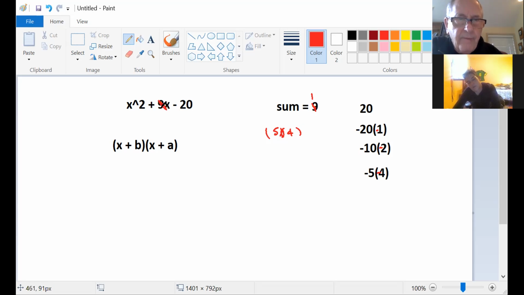And the sum of the two numbers has to equal that coefficient there. If this was a 1, it's going to be a +5 and a -4.